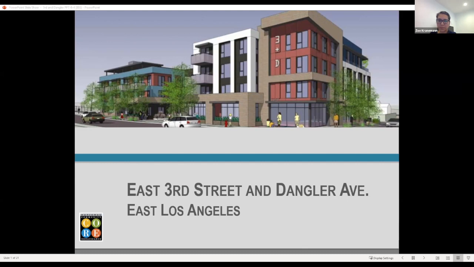And being down the street in front of the Metro, we do get a lot of transient people. Well, I am just trying to be sensitive to this issue.